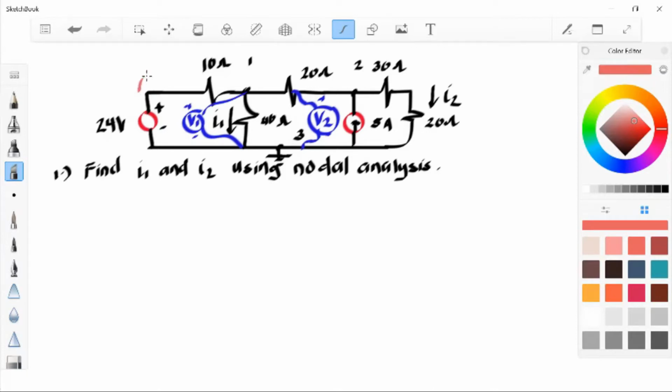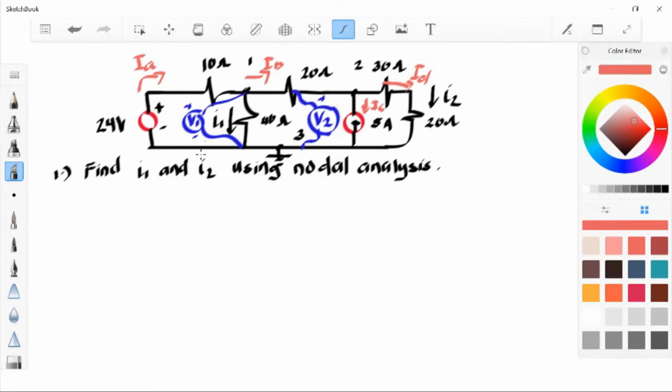Let's denote this as IA. This is I1. This is IB. This is IC, and this is IT. 1, 2, 3, 4, 5. 5 currents are present in the circuit.